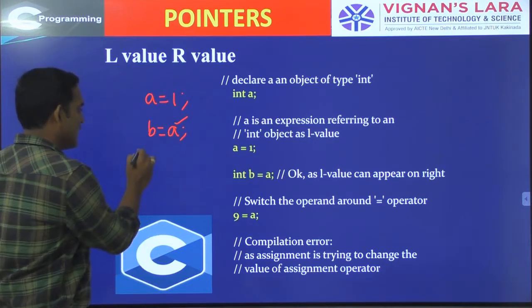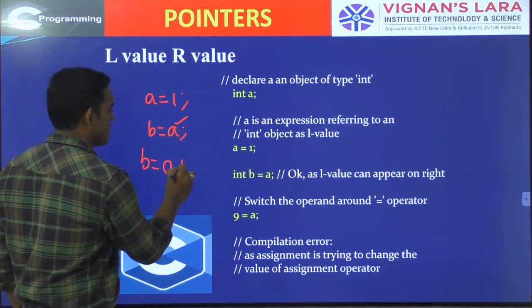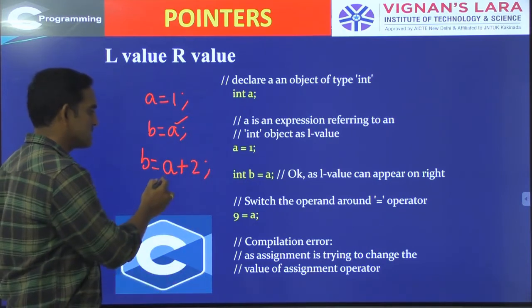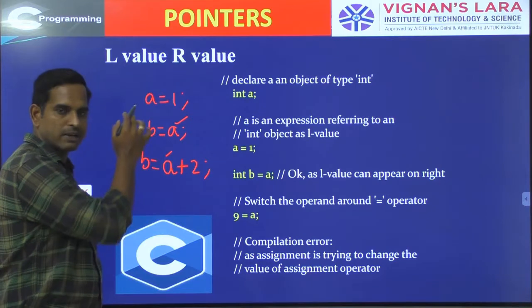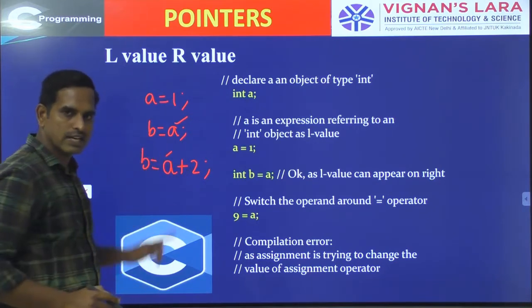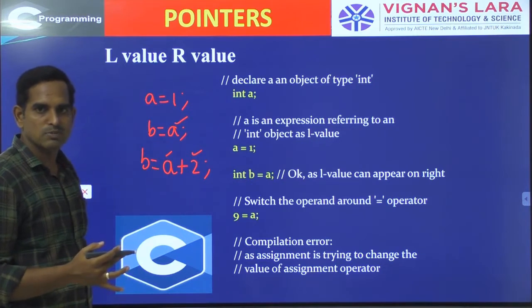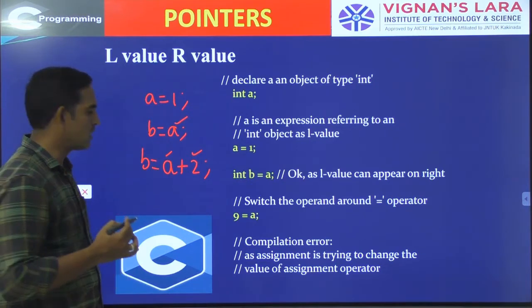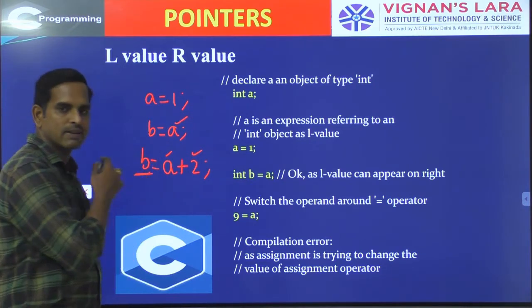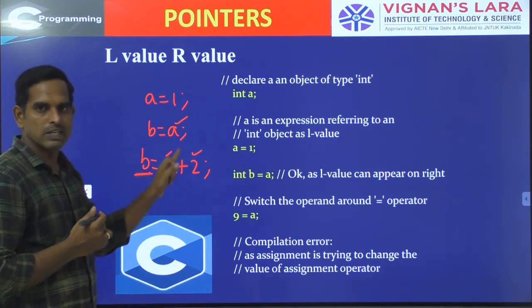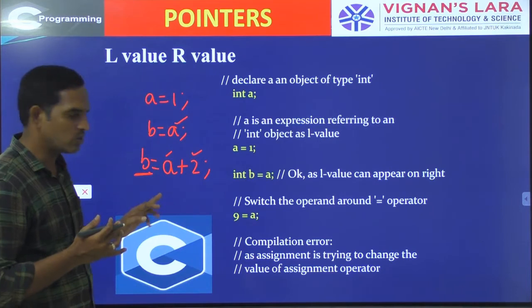When I write larger expressions like B is equal to A plus 2, A is the L value from the previous statement, so L values can appear on the right hand side. But 2 is the R value expression. But B again became an L value expression. Why? Because A and B have memory, but the value 2 doesn't have any memory.